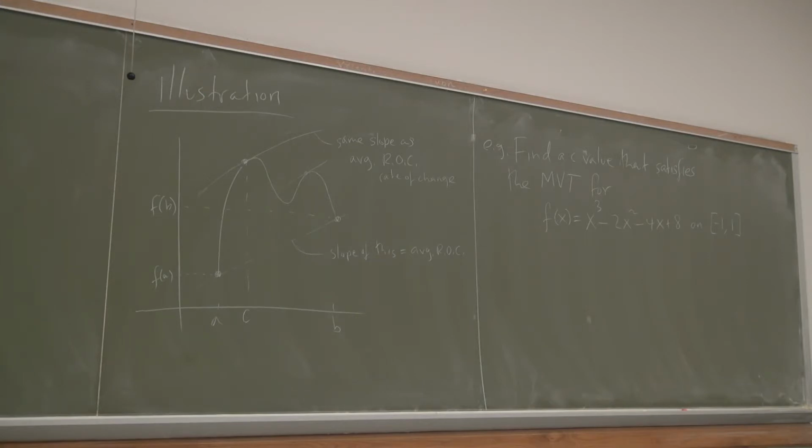So a and b are the endpoints of the interval. a is the left endpoint, b is the right endpoint.